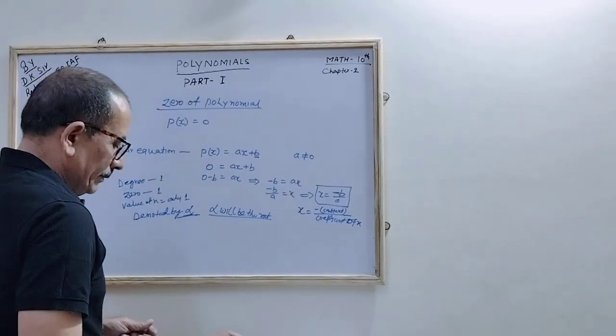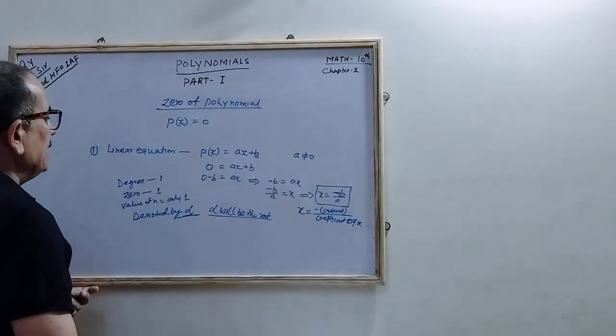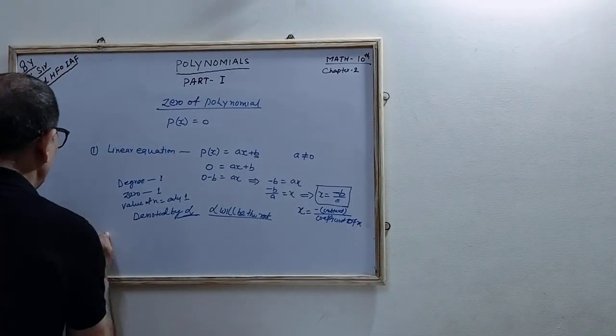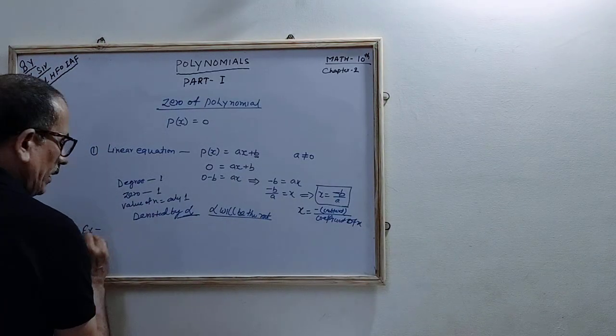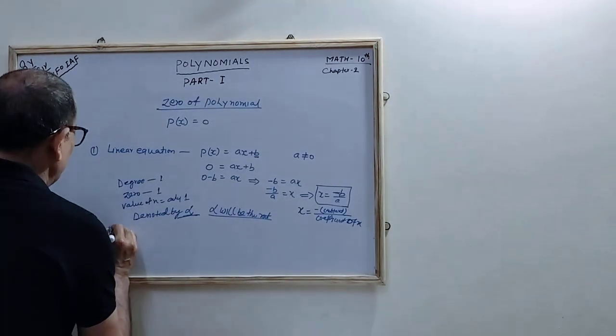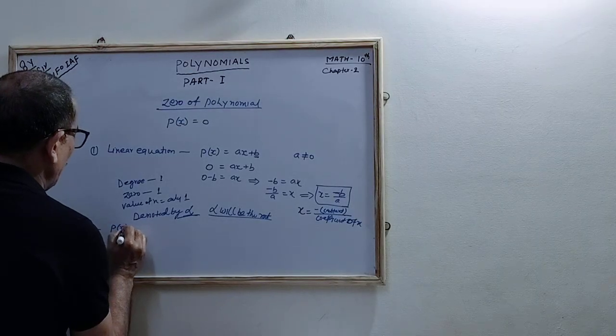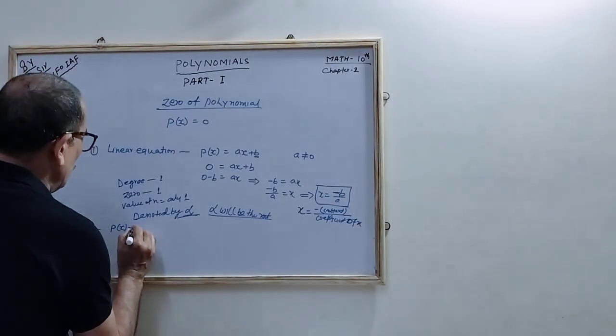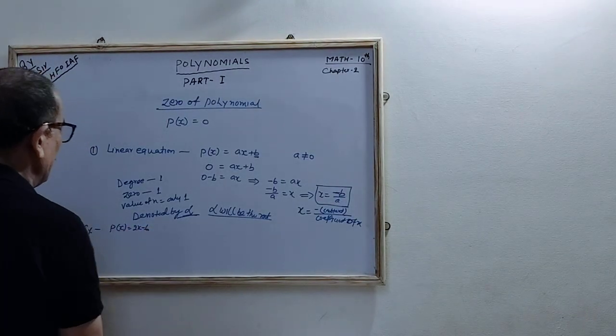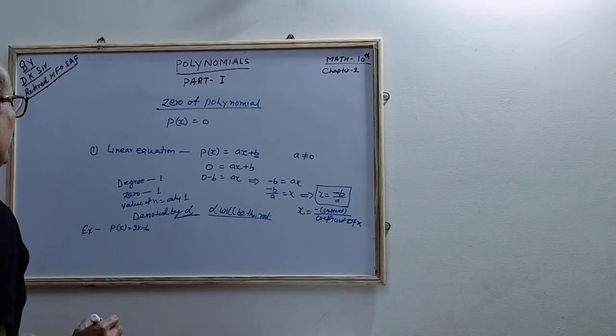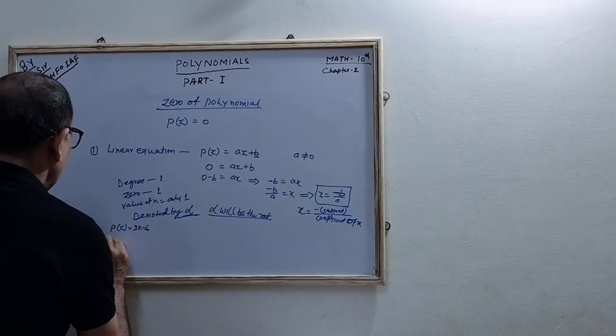The next, okay, we'll see an example. Suppose the polynomial p(x) is given as 2x minus 6, correct? We know two ways by which we can do it. One is by formula.